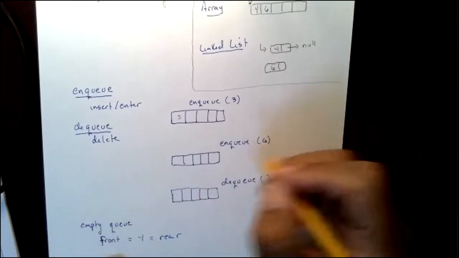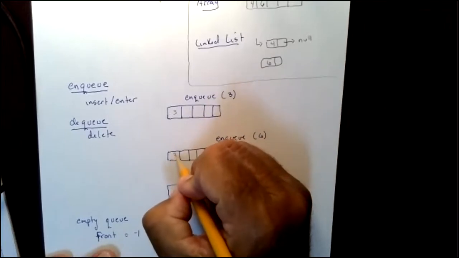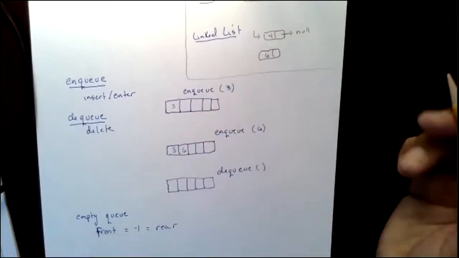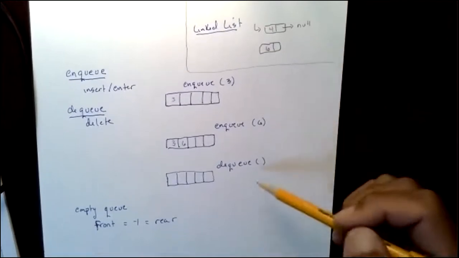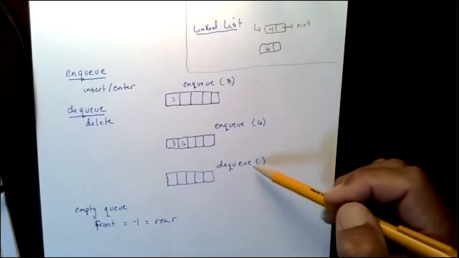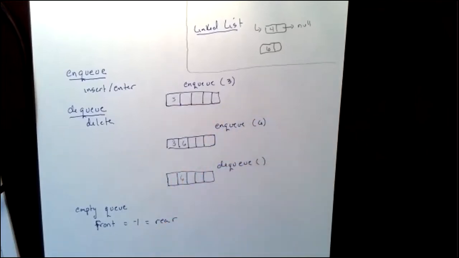The next one is the 6. So my choices are leave the 3 alone, take out this and put the 6 in. And then when I delete something from the queue, I would delete the 3 and I would be left with something like that. Does that work for y'all?